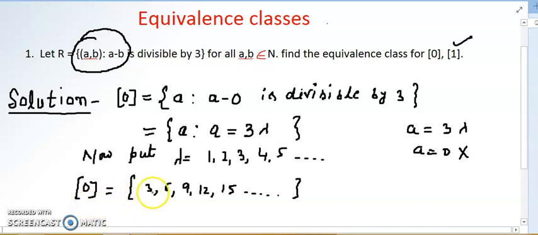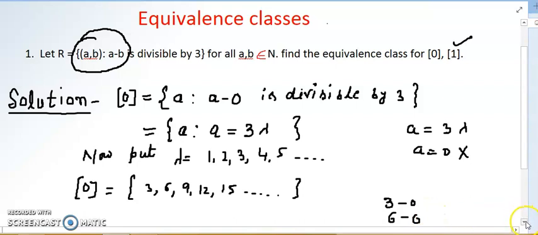These numbers 3, 6, 9, 12, 15 are all divisible by 3. If you put 3 in place of a, 3 minus 0 is divisible by 3. If you put 6, 6 minus 0 is again divisible by 3. So that means your answer is correct.